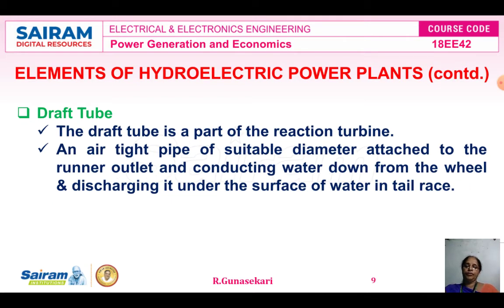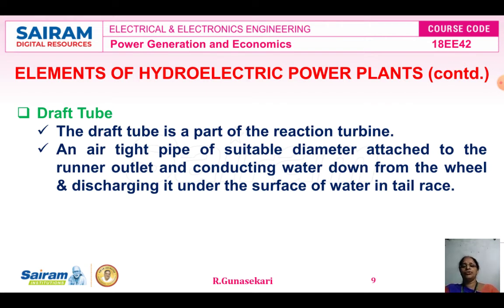Then the draft tube. I already said that behind the turbine only we can fix the draft tube. What is the purpose of the draft tube? The draft tube is a part of a reaction turbine, because water turbines can be classified into two types: one is the reaction turbine, another is the impulse turbine. In later videos we will study in detail the types of water turbine, selection, characteristics, and governing of water turbines.